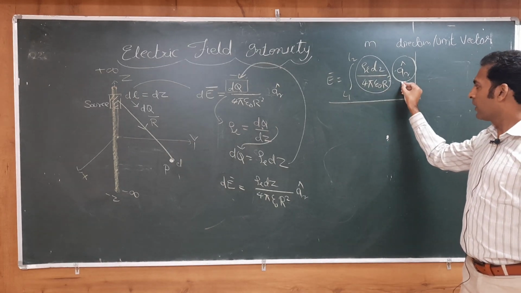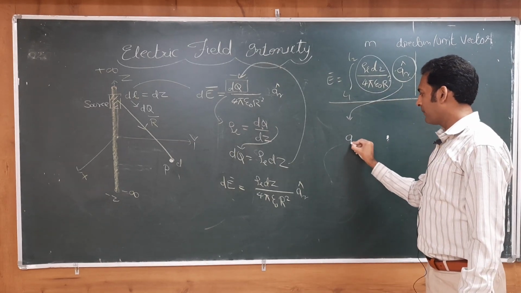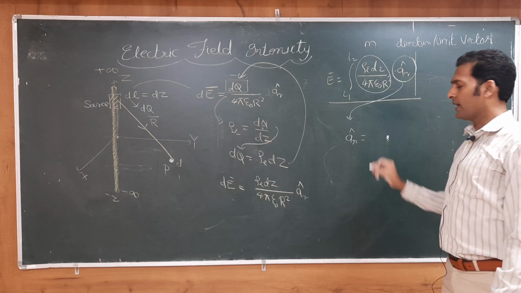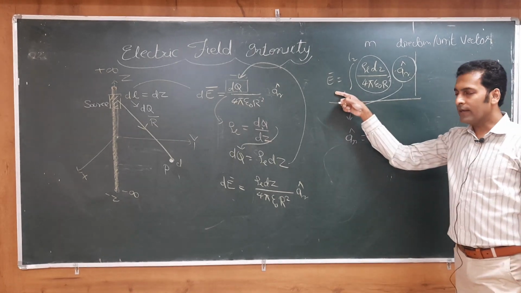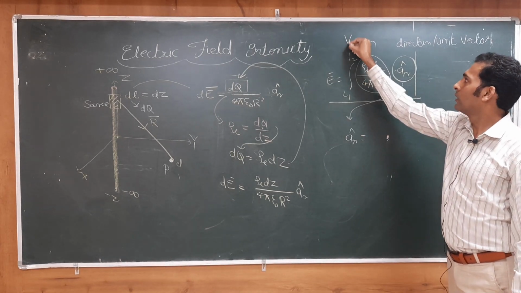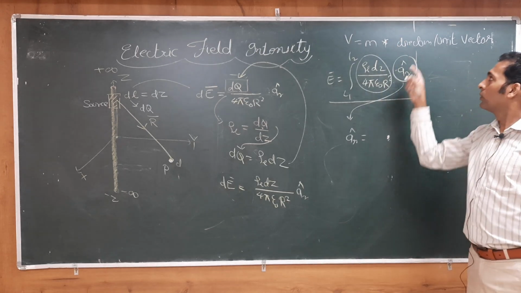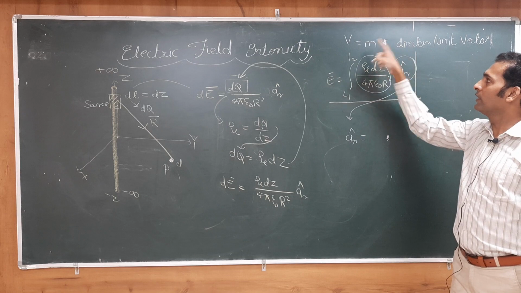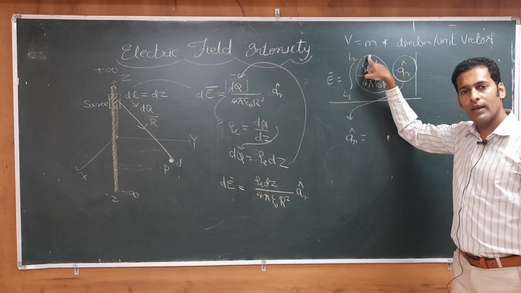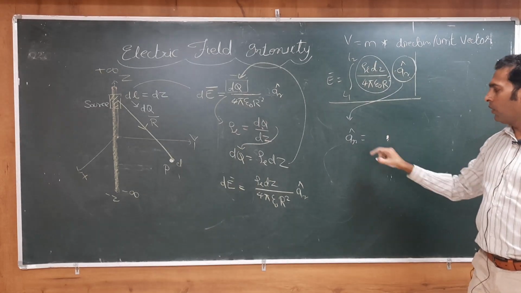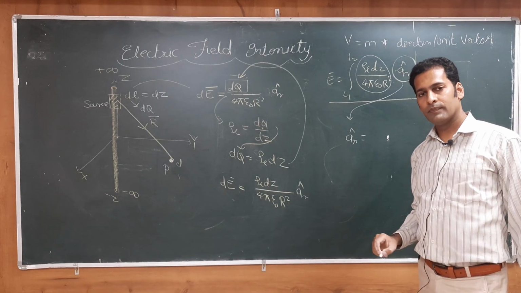So we will take it out and we will focus on AR cap. Now, vector is equal to magnitude into direction. So what will be the direction? Direction will be equal to vector divided by the magnitude. So what is AR cap?